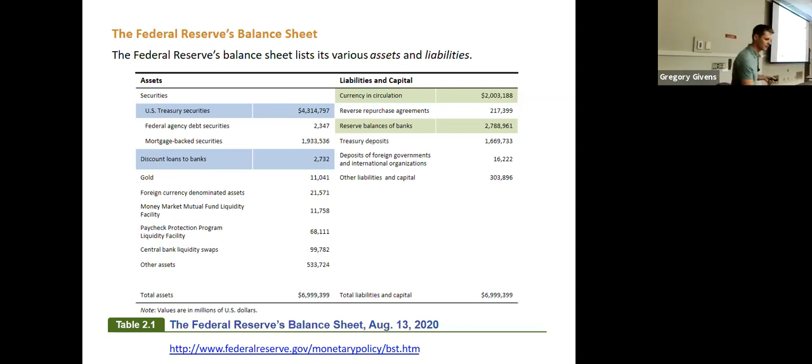Okay, any questions so far? Yeah, go ahead. Very good question. It almost never buys them from Treasury directly. It buys them in secondary markets.